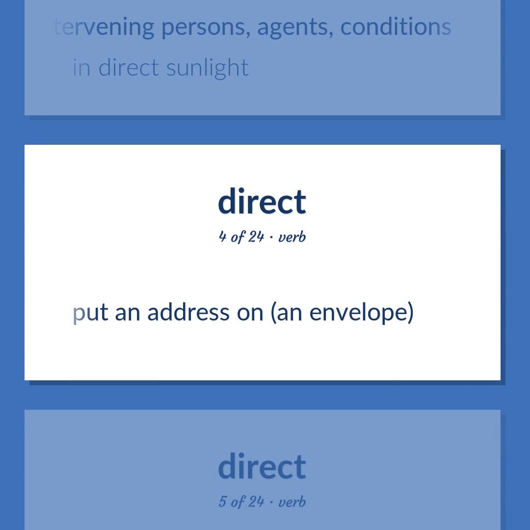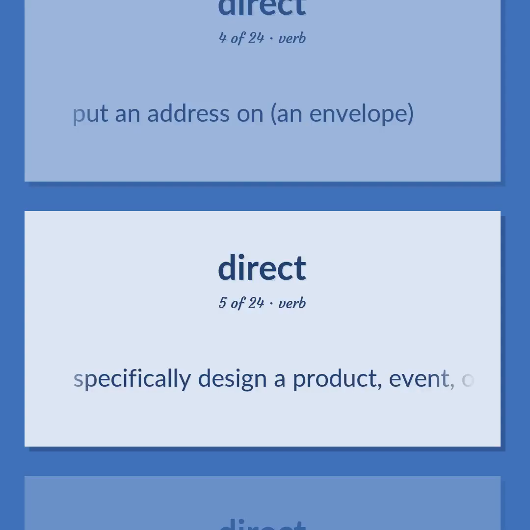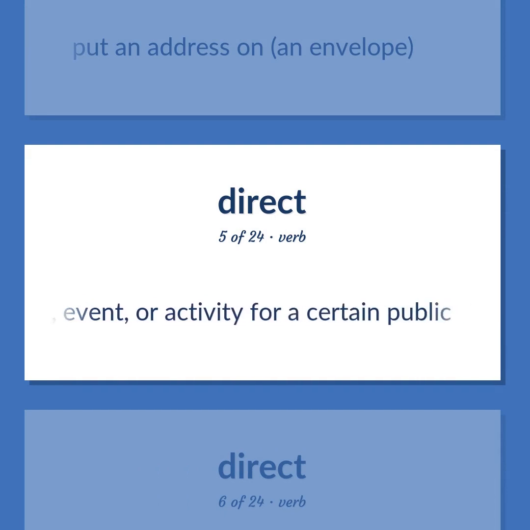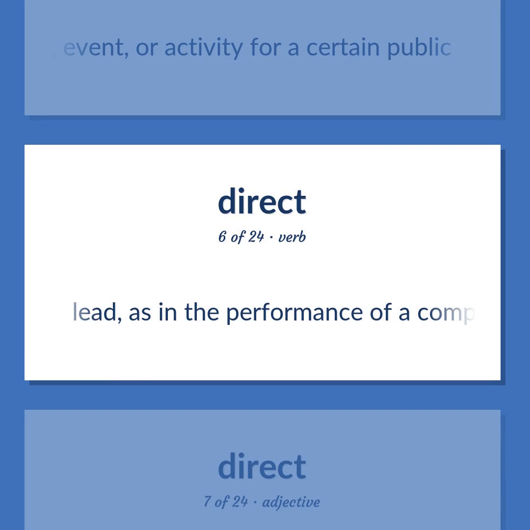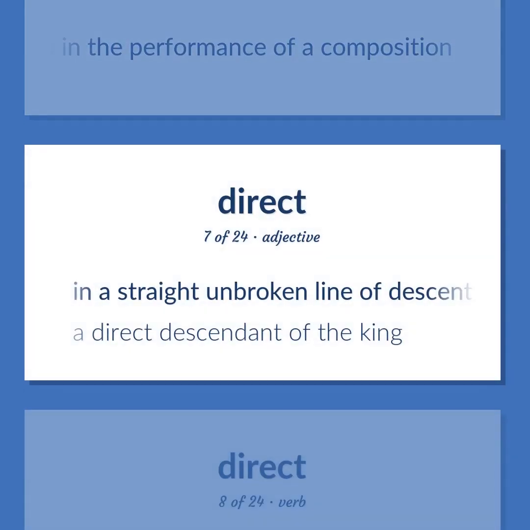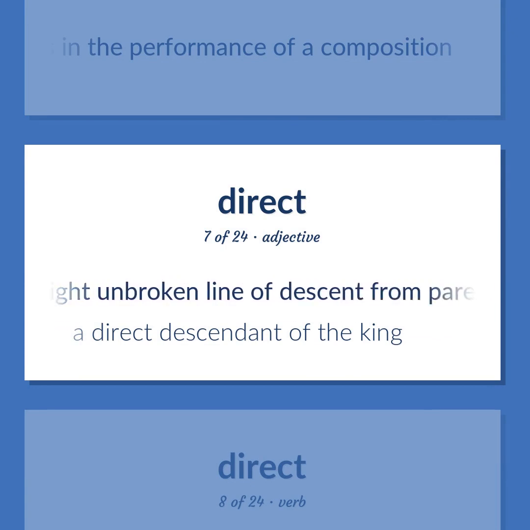Put an address on an envelope. Specifically design a product, event, or activity for a certain public. Lead, as in the performance of a composition. In a straight unbroken line of descent from parent to child. A direct descendant of the king.